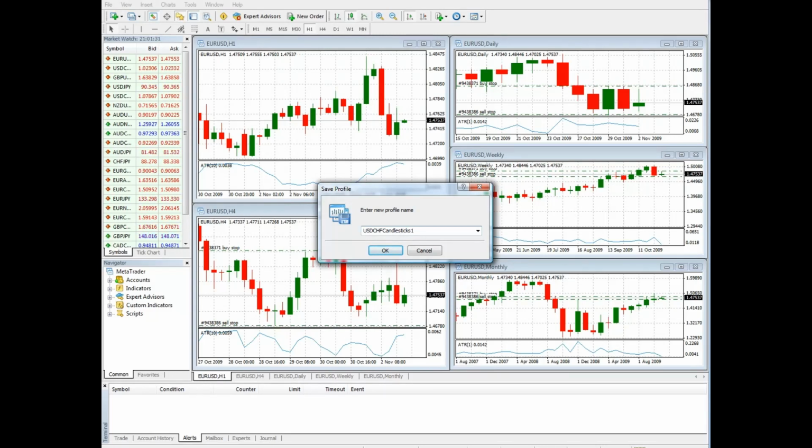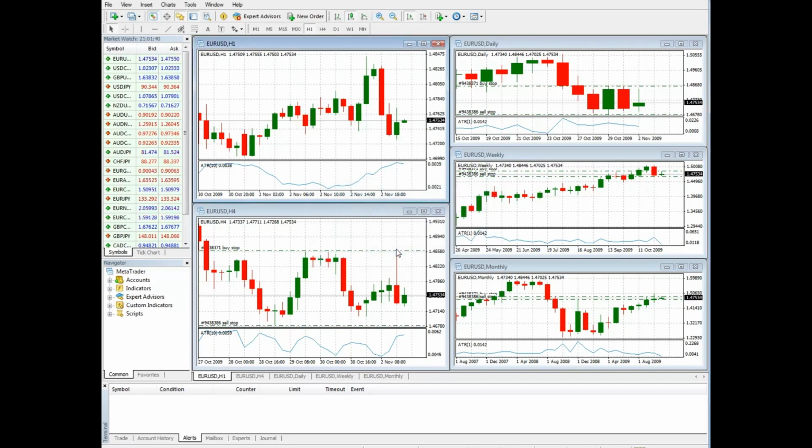Just name your profile the same way, just like that. Now what we want to do is use a different currency pair, the US dollar Swiss franc, but with the same kind of profile setup. So here we go.